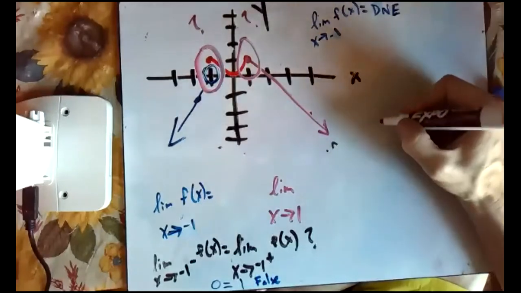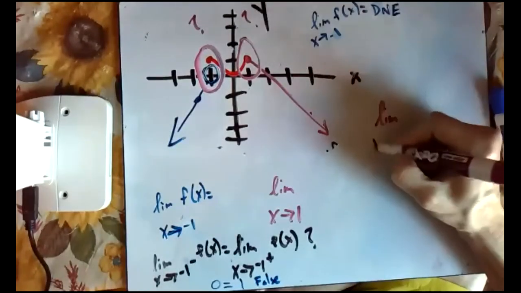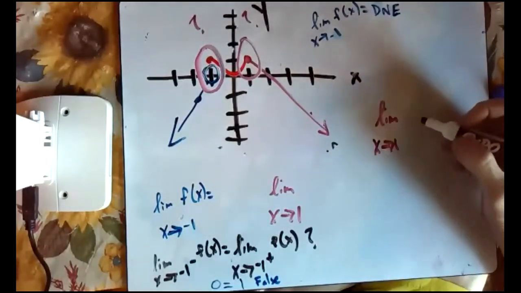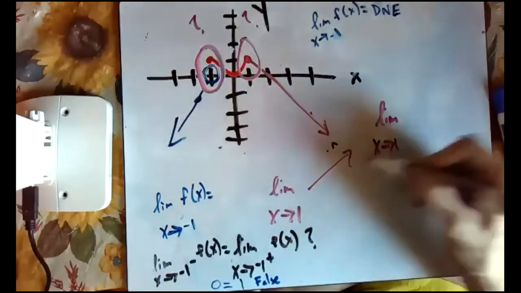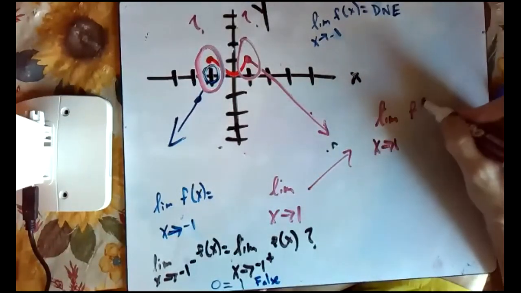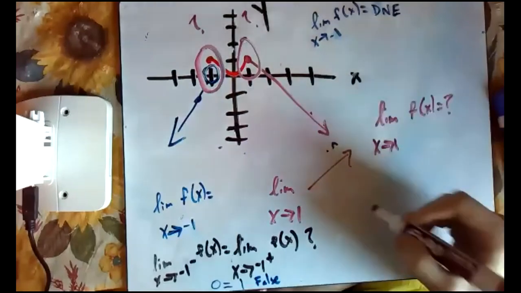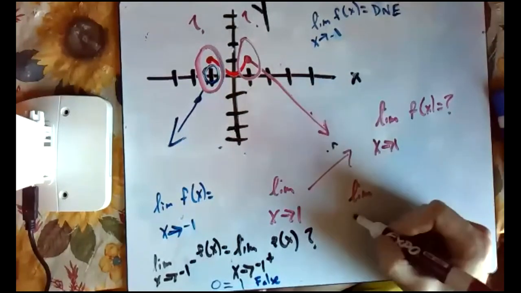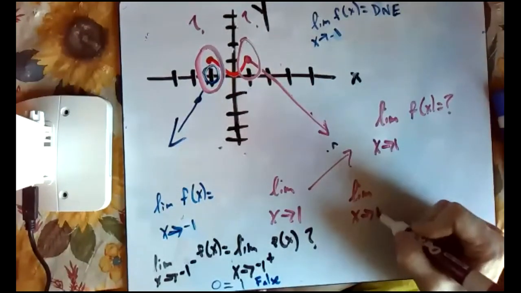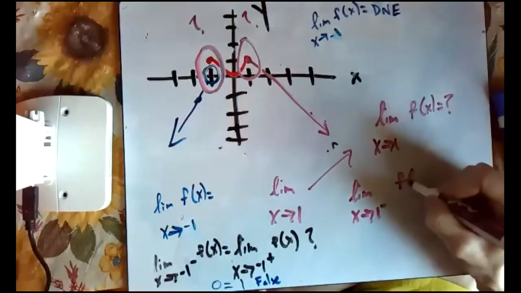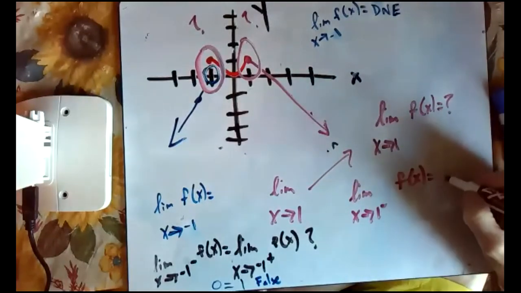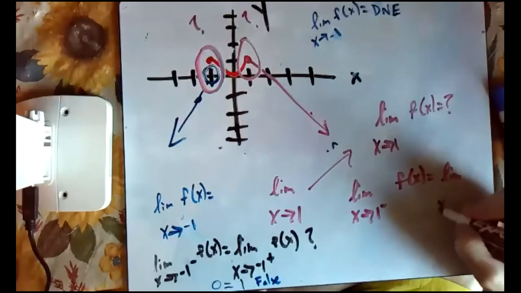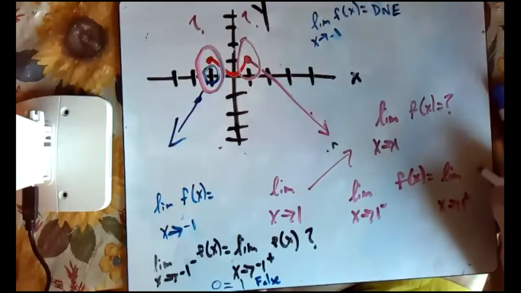So if we look at the limit as x approaches 1, this one right here, what are we looking for? You just break it up, right? Does the limit as x approaches 1 from the left of f of x equal the limit as x approaches 1 from the right side of f of x?